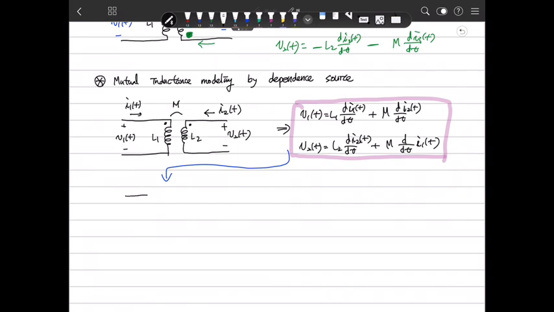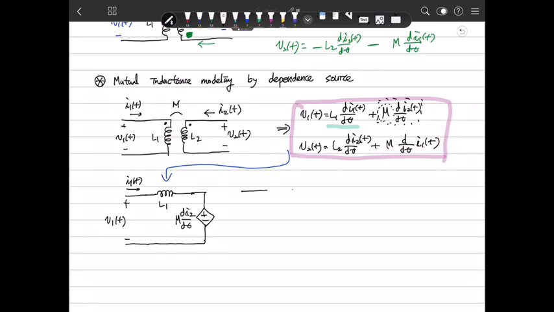So we have a terminal here. This is V1(t), which has a first term here. We define the direction of current as I1 here. Then we make L1, a simple inductor. And we have another voltage here, so we remodel it here as a dependent source like that, and this is M d/dt I2.